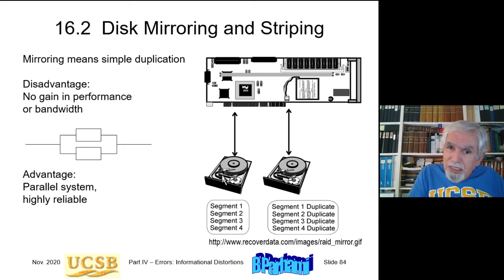So if you're using this disk and you notice that data is corrupted, you switch to this disk, which has a copy of every piece of data on this disk, and use that. So this is basically a parallel system. Therefore, it will have extremely long life. It is highly reliable. So that's the idea of disk mirroring.